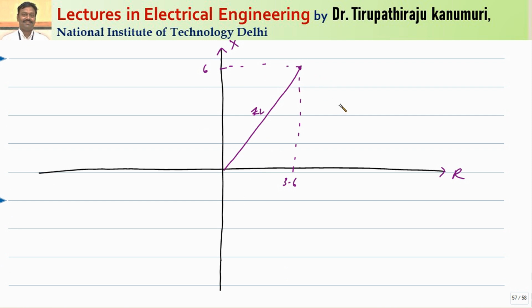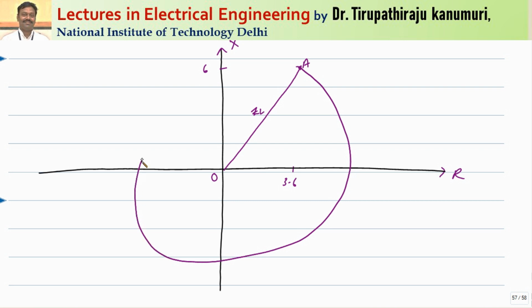Coming to the impedance relay, what you have to take? We have to take this O as the origin with the radius equal to this length. Let us take this length as OA and draw a circle. That circle indicates the characteristic of my impedance relay. The circle should be centered around this point.